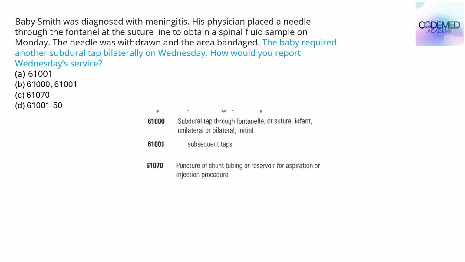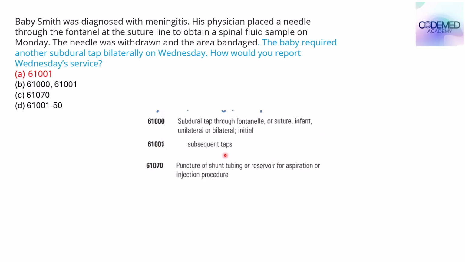But remember, they told you to code only for today's service. That is very, very important. So A is the correct answer, because she already had one tap and we have to code only for the subsequent tap.